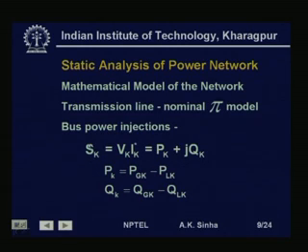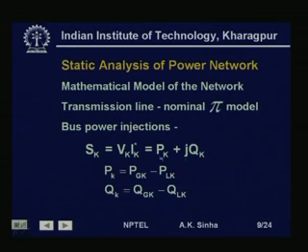This is the complex power injection, which is Pk plus jQk, and we know that this is equal to Vk into Ik conjugate, where Vk is the voltage phasor at that bus and Ik is the current injection phasor at that bus. So, using this relationship, that is Sk is equal to Vk into Ik conjugate, we will formulate the equations for power flow.